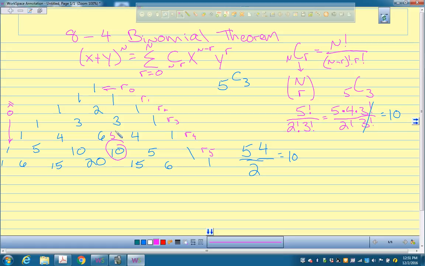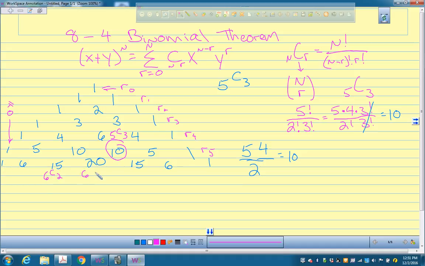This is row 5, column 3. Look, 5 combination 3. Isn't that cool? So this number would be 5 combination 4, and this would be 5 combination 5. In the next row, 15 is 6 combination 0, 1, 2, right? This is 6C2.